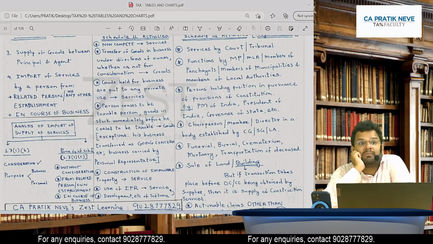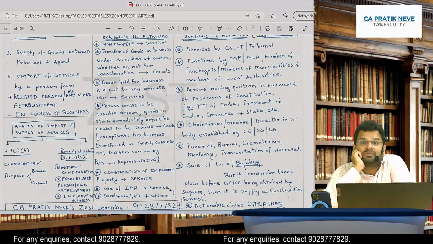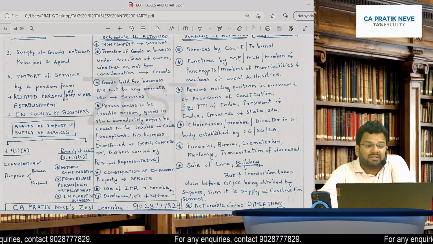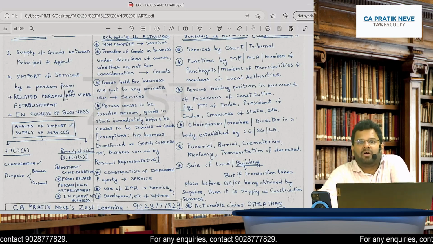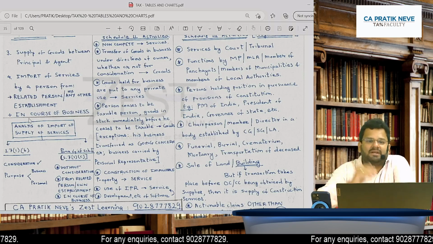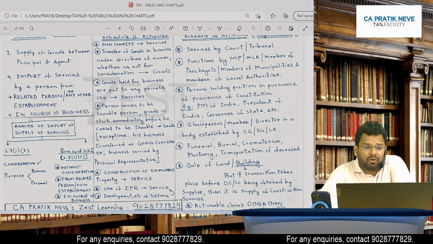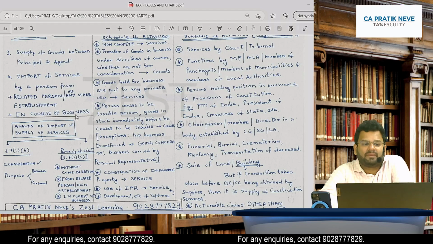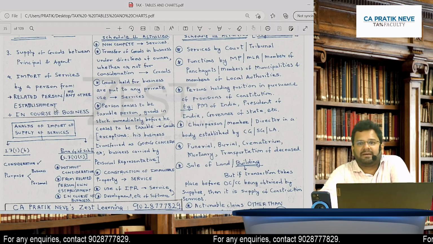Now we are talking about import of service without consideration, it may be, but it is from a related person or his any other distinct establishment outside India, and this whole import is in course of business. Then and then only you can call it as supply.